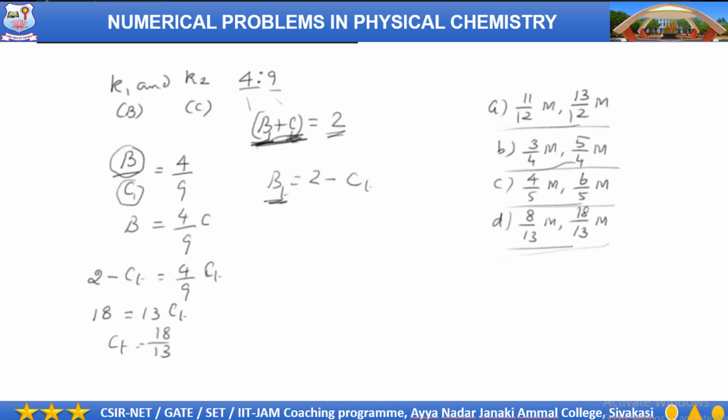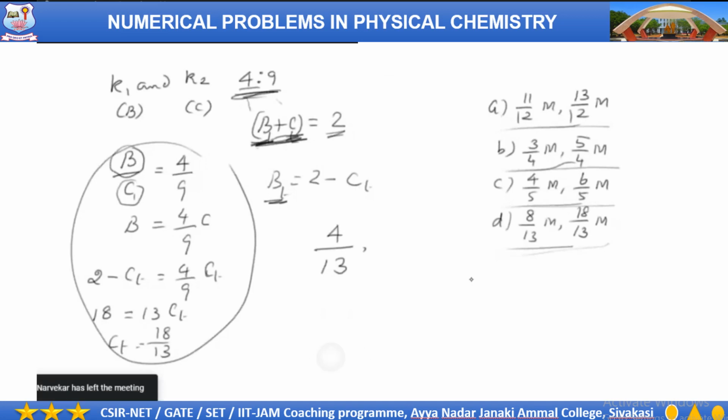But now I am going to do the same problem in a shortcut manner without using this one. How to work out this? What is the total ratio? 4:9. What is the total? 13. Of which, how much is present in B? 4. The concentration should be 4 by 13. And what is the concentration of C? It should be 9 by 13.